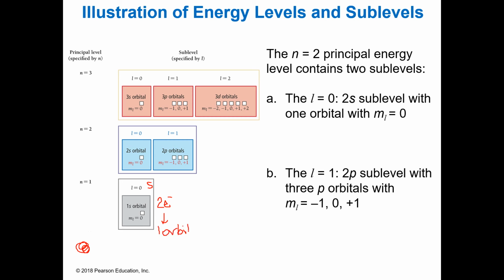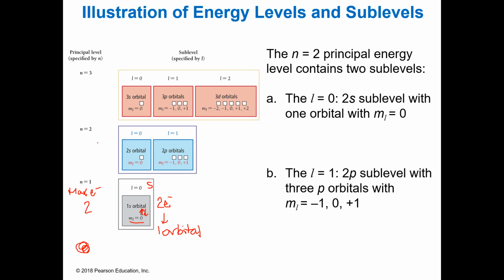And we know that because we have only one ML value right here. So in that orbital, this little box here is for me to show those 2 electrons. And I'm going to show them with arrows. So we've got one going up and one going down. All right, so here, this is something you should add. The max number of electrons that can fit in shell number 1 is 2 total.